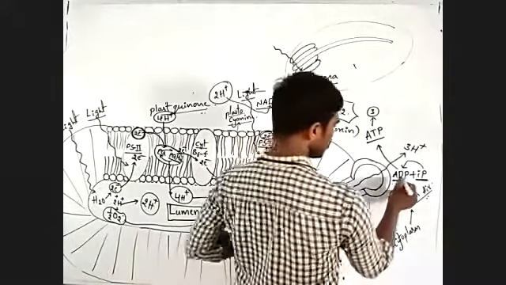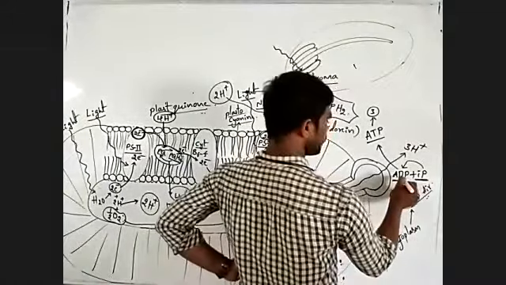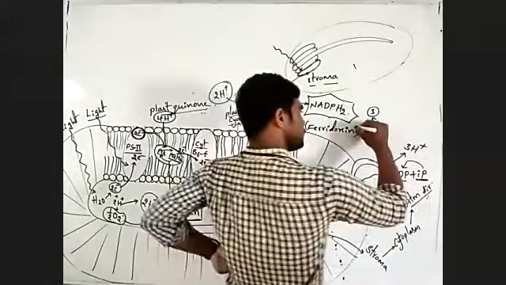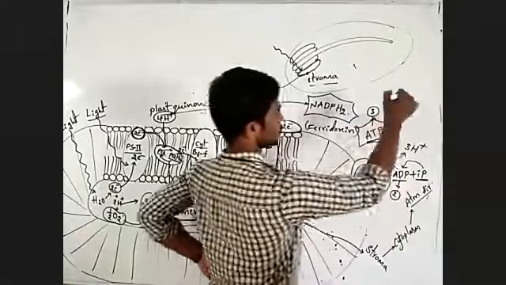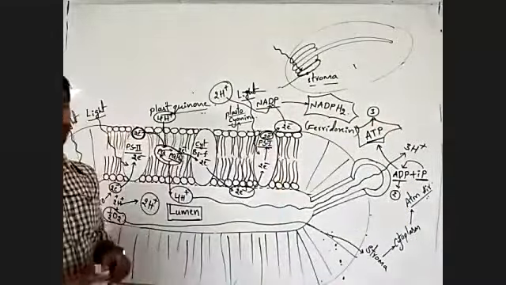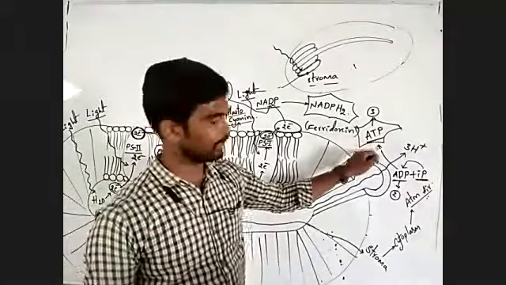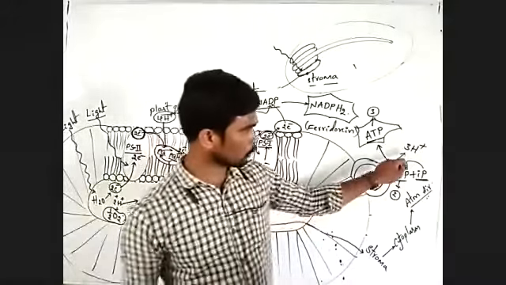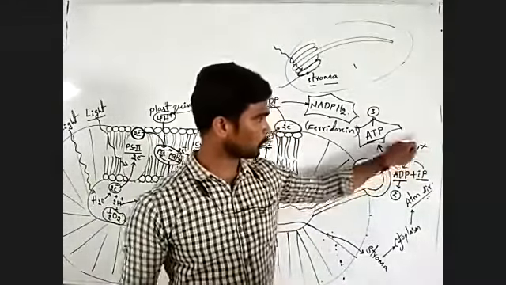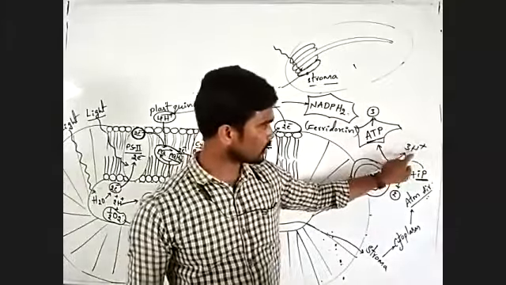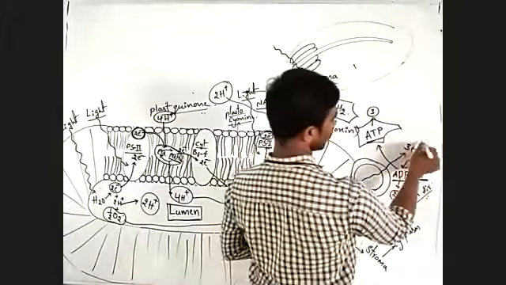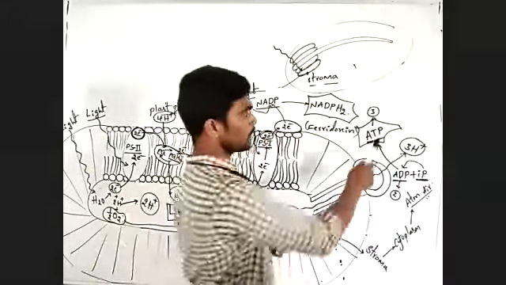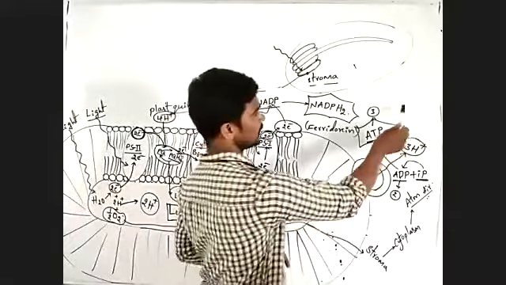Understanding? Now ADP becomes ATP. Here ATP is also formed in stroma. Observe here, for every 3 protons, 1 ATP molecule is formed in stroma.